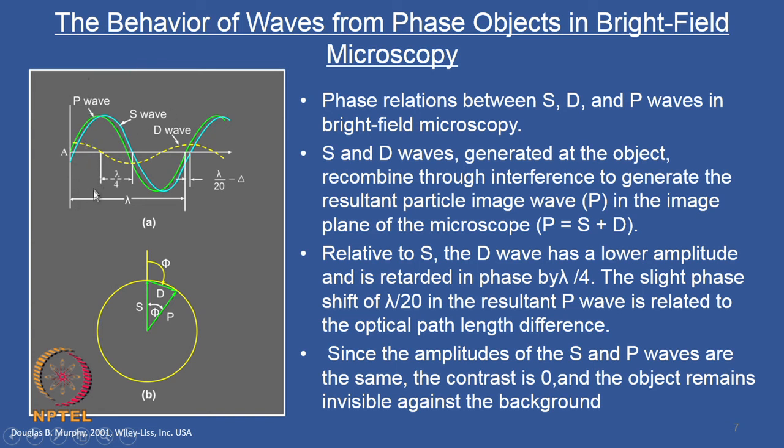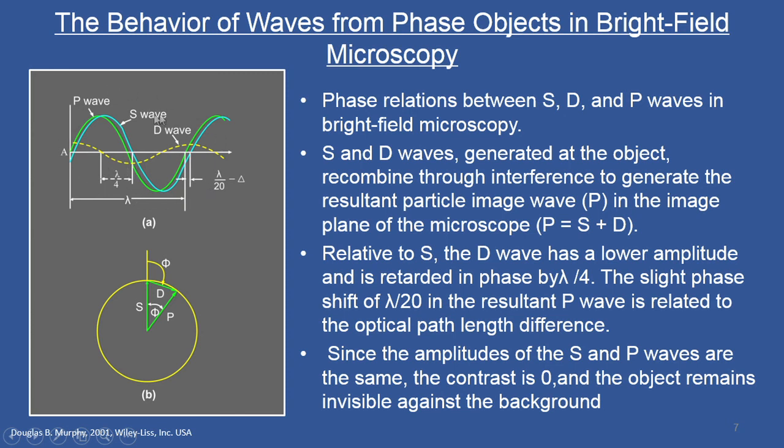You have the S wave and you have the P wave. These two waves have a similar amplitude, but are shifted very slightly, that is lambda by 20. The retardation is only very small, lambda by 20. And you have this diffracted wave which has been shifted significantly, to the extent of lambda by 4.